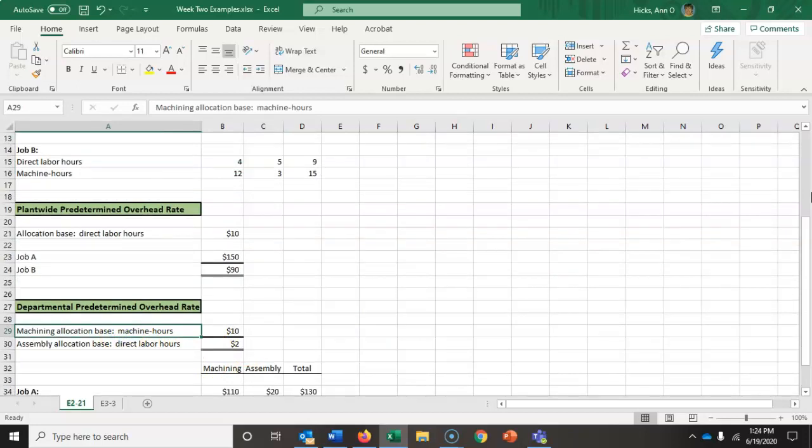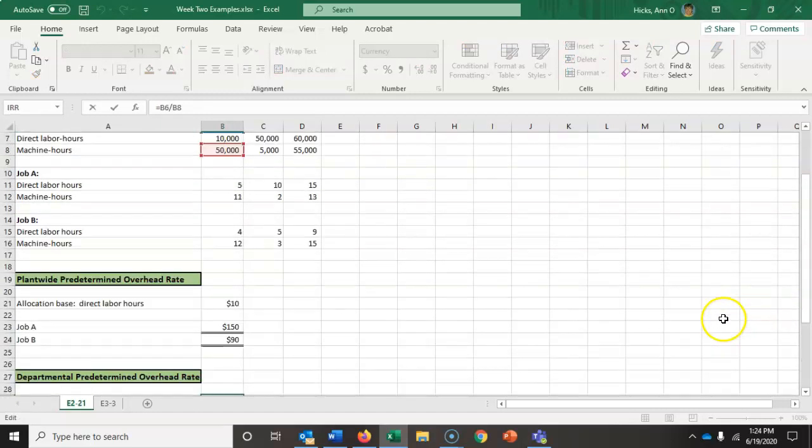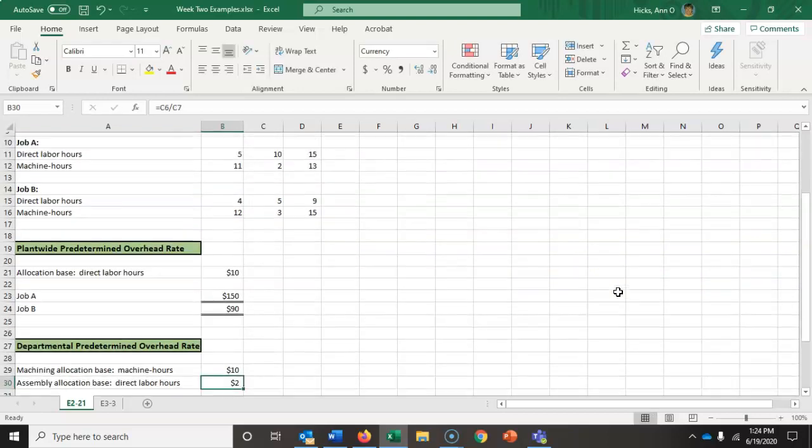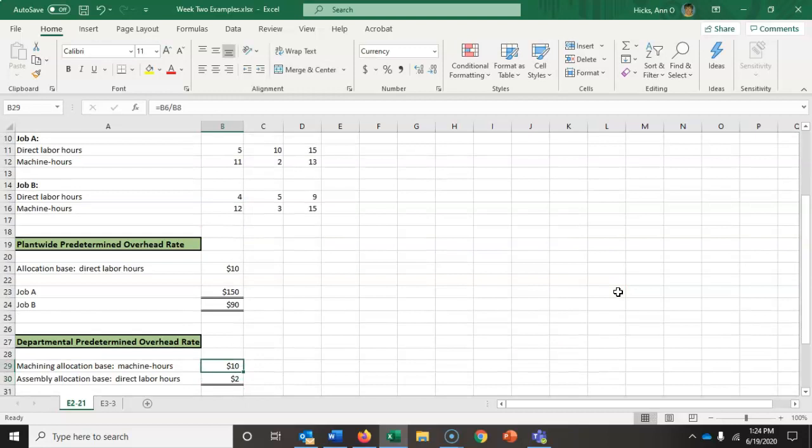For the machining department, we will take the total manufacturing overhead in the machining department of $500,000 and divide it by the 50,000 machine hours. And that gives us a predetermined overhead rate for the machining department of $10.